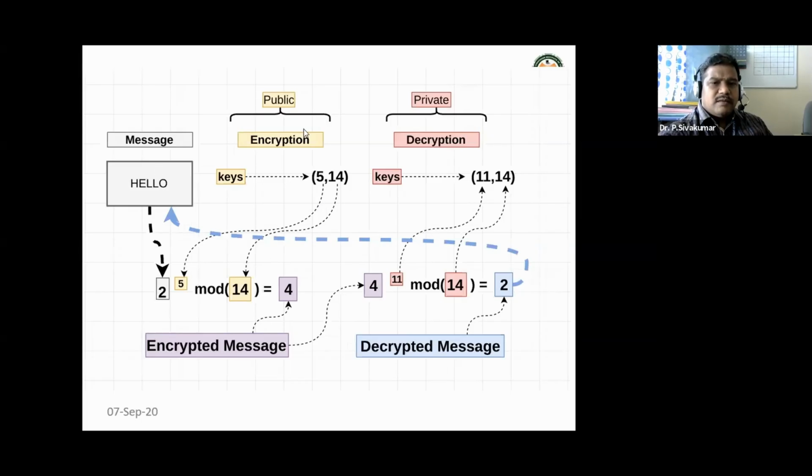So 2 power the public key 5, mod the n value 14, gives the value 4, which is the encrypted message. This value is sent to the receiver side for decryption. That means the ciphertext 4 along with the private key 11, mod the n value 14, gives back your original plain text 2. So the hello message is encrypted, then decrypted, and we get the original hello message on the receiver side.